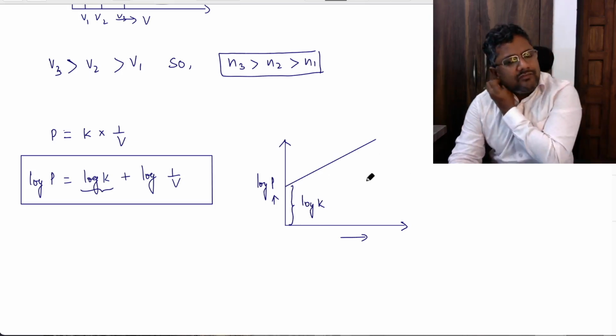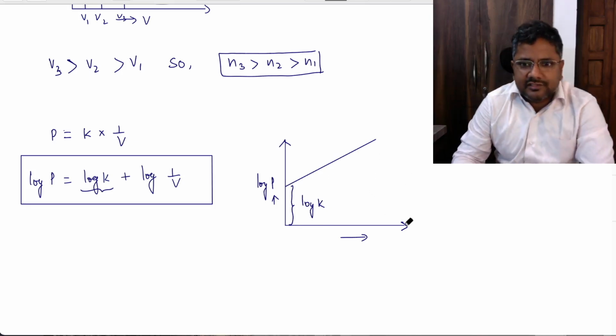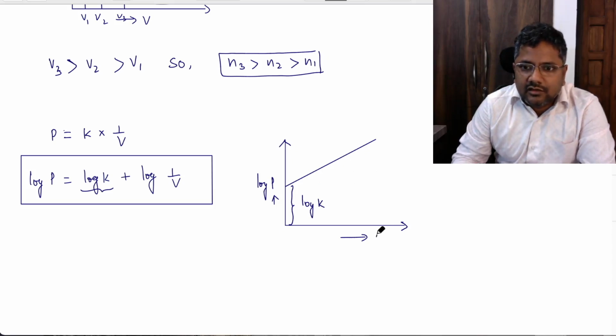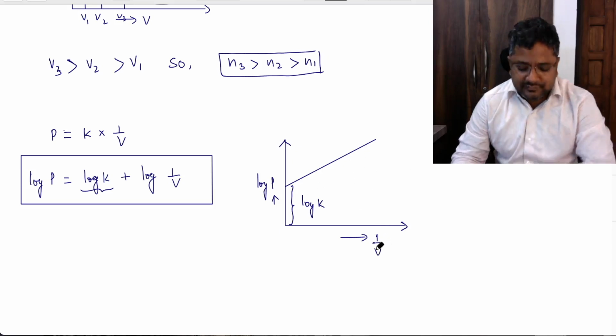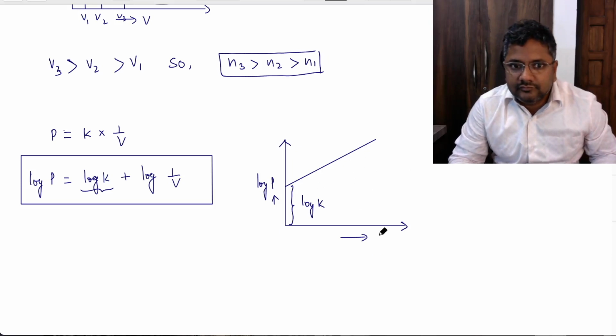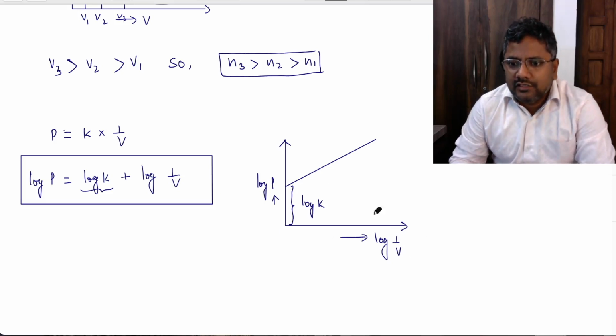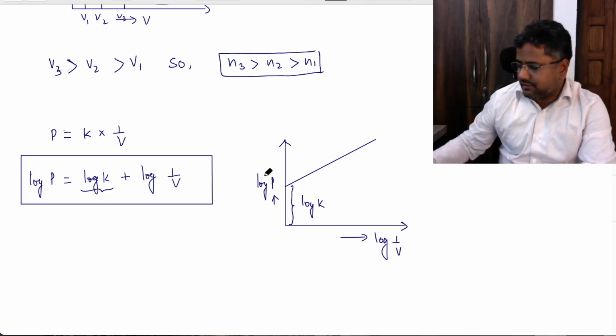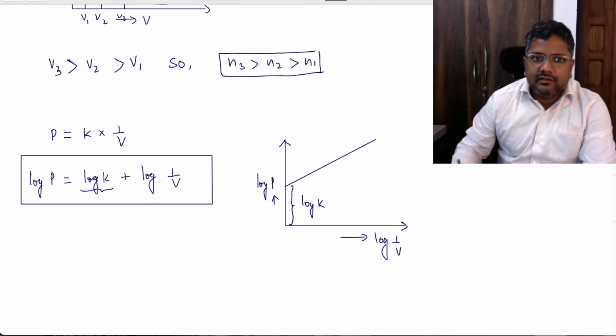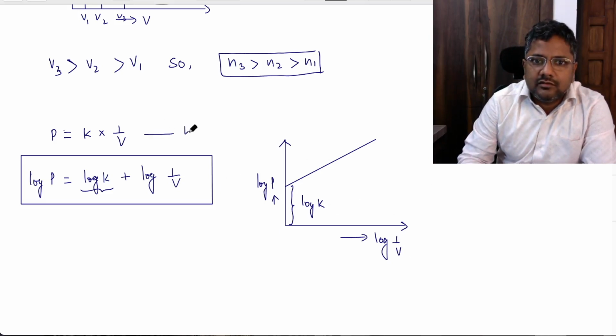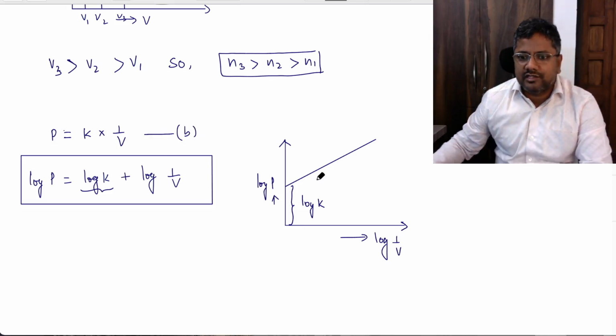So tan 45, you can make the angle from this axis, log 1 by V. Right? So in this way you can also write one relation related to Boyle's law.